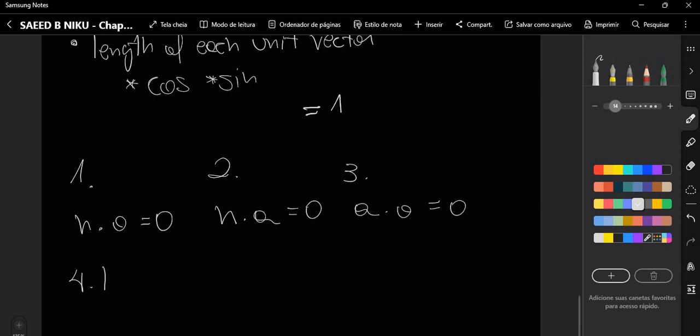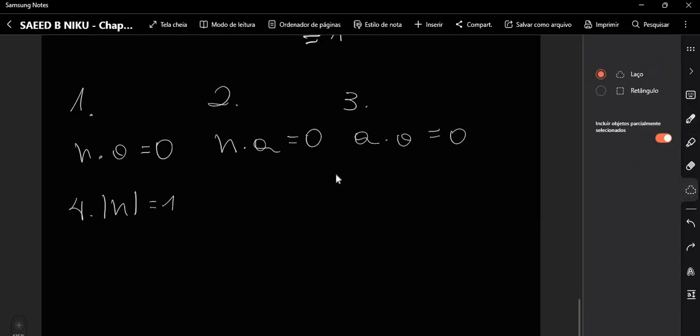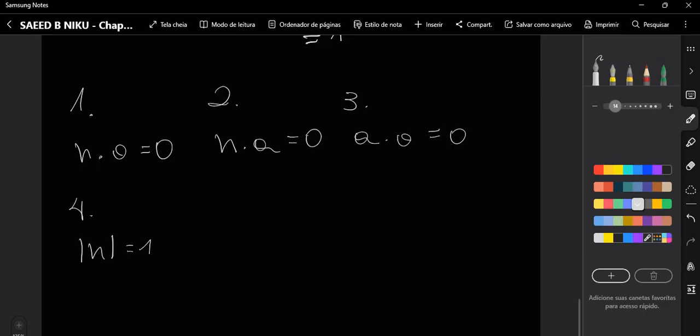And now the length of the vector n is equal to 1, the length of the vector O is equal to 1, and the length of the vector A is equal to 1.